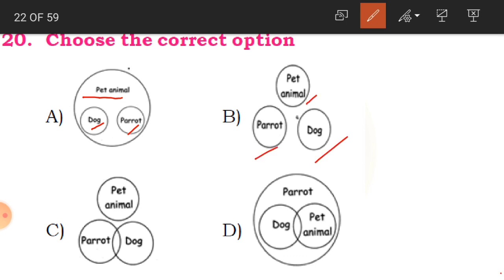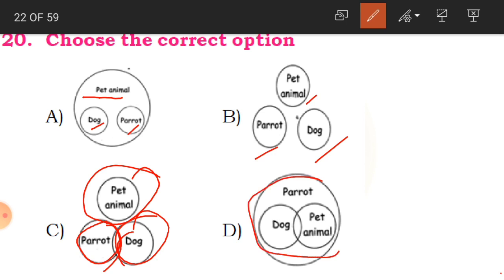In another, the big circle is the parrot, and we are trying to say that dog and pet animal belong to parrot.